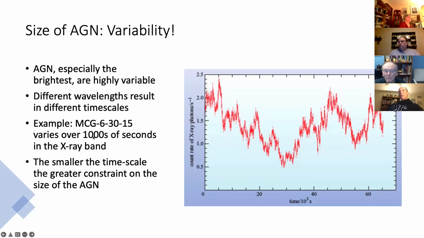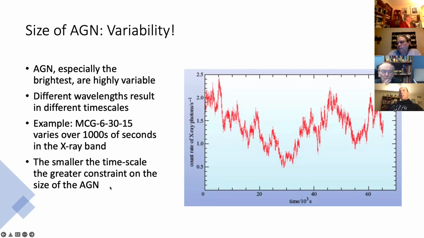So here's an example of another AGN, MCG 63015, which varies, as we can see. This is time and this is brightness. It shows brightness over time. It varies over thousands of seconds in this specific wavelength, the X-ray waveband.